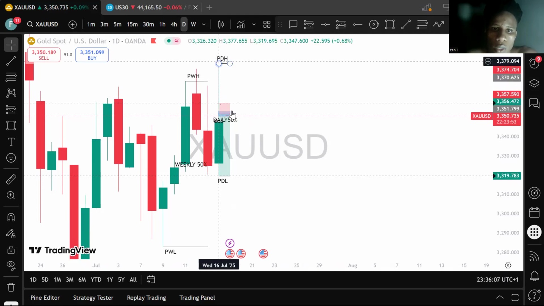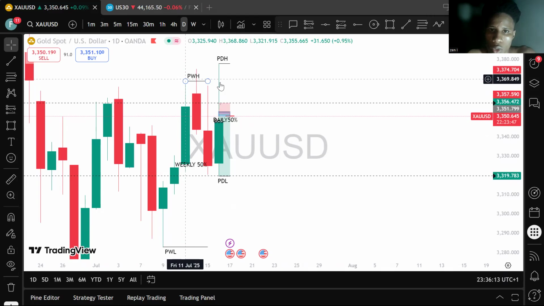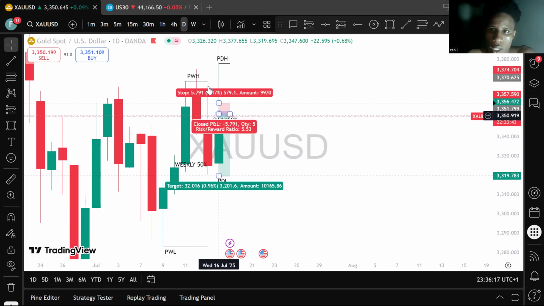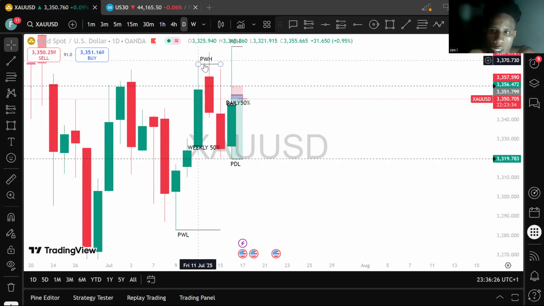So price swept everything. The price closed inside this weekly range. This is the weekly range we are trying to trade. The range is from here to here.